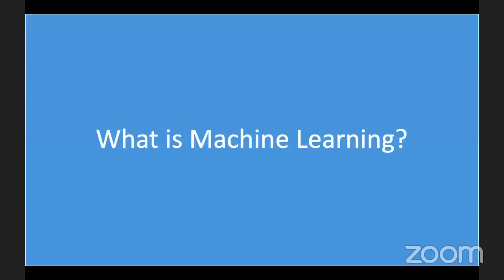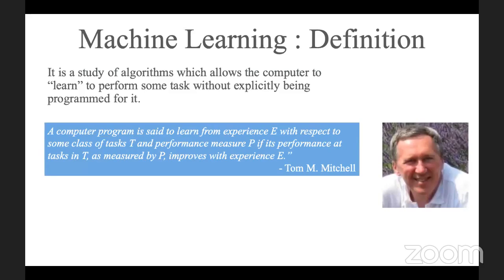Okay, first thing. You might all be aware of this buzzword, machine learning, of course, and we'll see what machine learning is. It's not something very mystical. It's just the study of algorithms which allow the computer to learn to perform some task without being explicitly programmed for it.